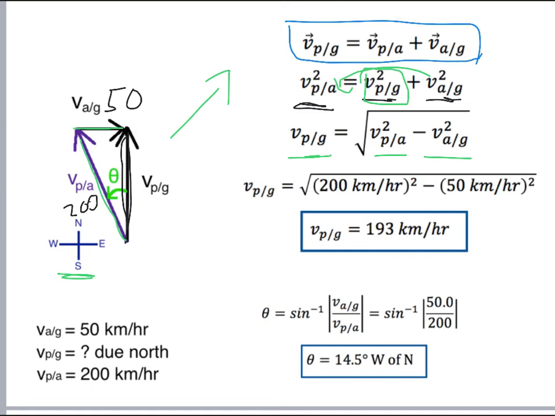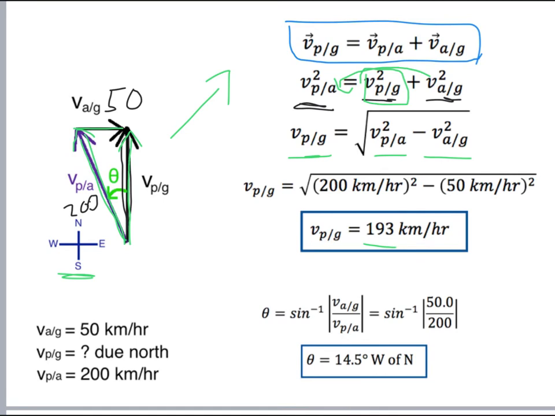And then we know it's going 200 kilometers per hour in the direction where he's turned it into the wind. So how fast would he be going on the straight path? In other words, someone on the ground looking up would see that plane flying due north overhead, and they would measure the speed of that plane not as 200, but because it's fighting against the wind, it would actually be going 193.